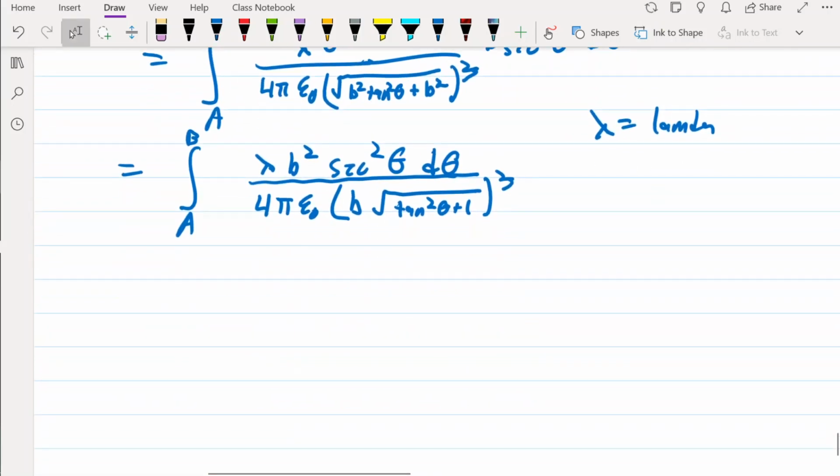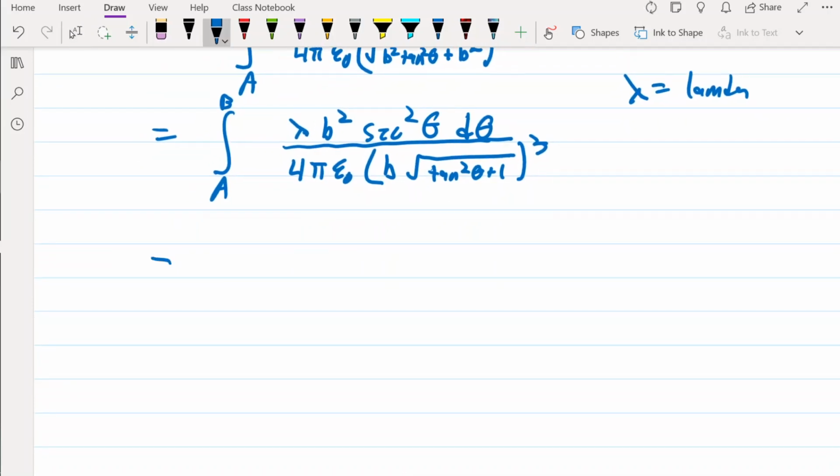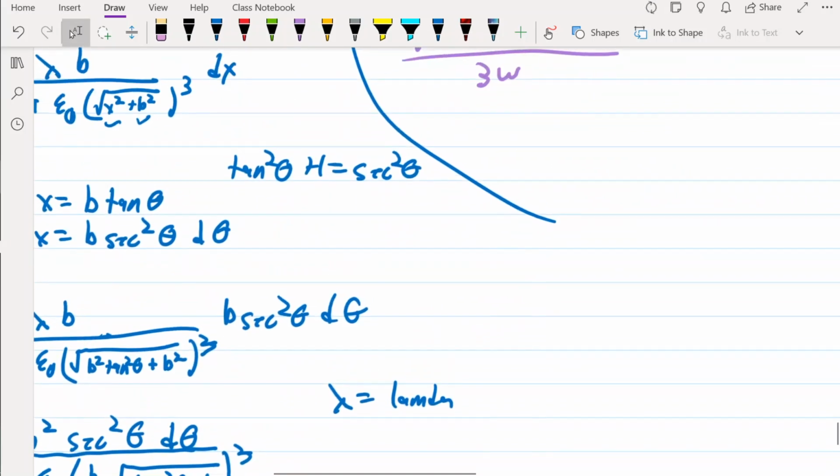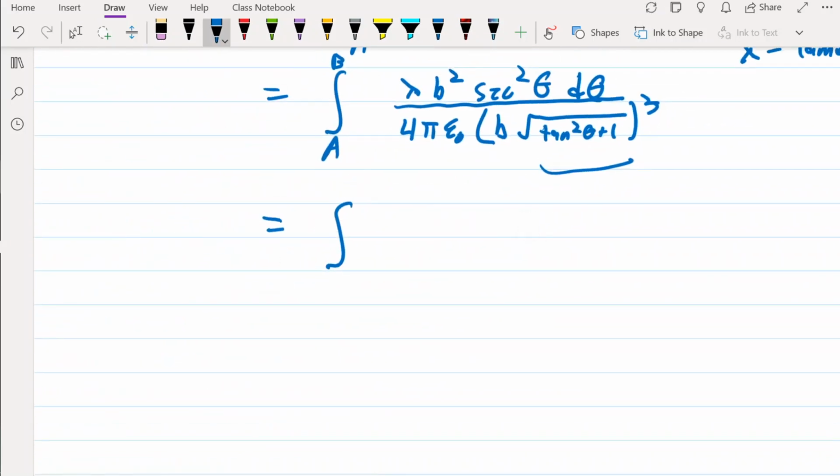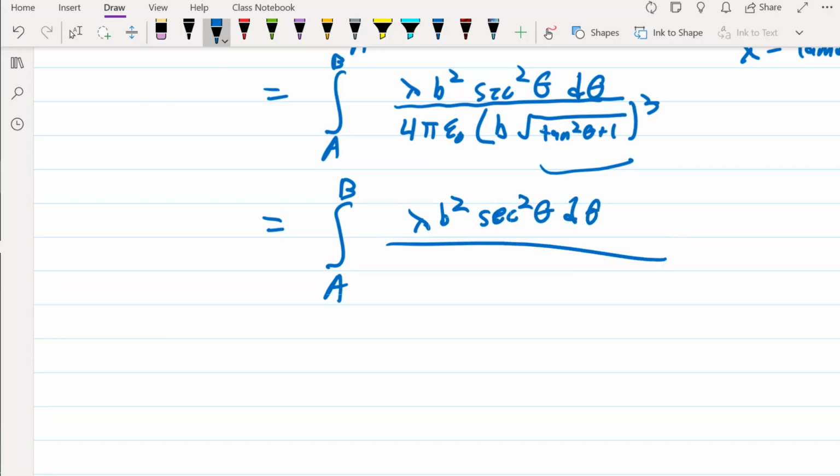Yep. All right. So from here we can substitute in and change out tan squared theta plus 1 instead with secant squared theta. So we're going to get from alpha to beta, lambda b squared secant squared theta d theta all over 4 pi e initial times b.